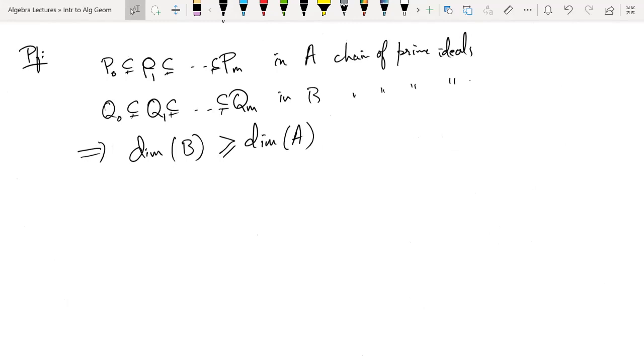Also, if you have a chain of prime ideals, then you get a chain of prime ideals, and the fact is you can't get a bigger chain in B, because you can't get two distinct ones contracting to the same guy.